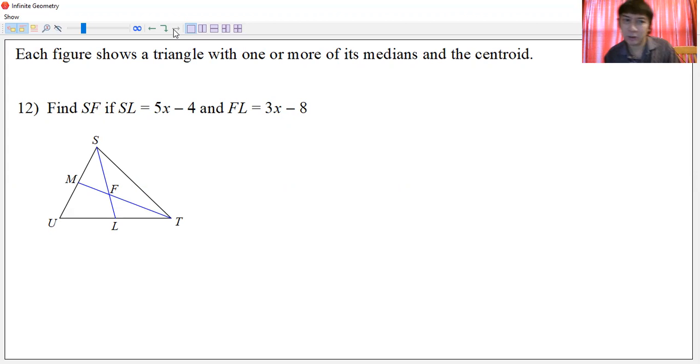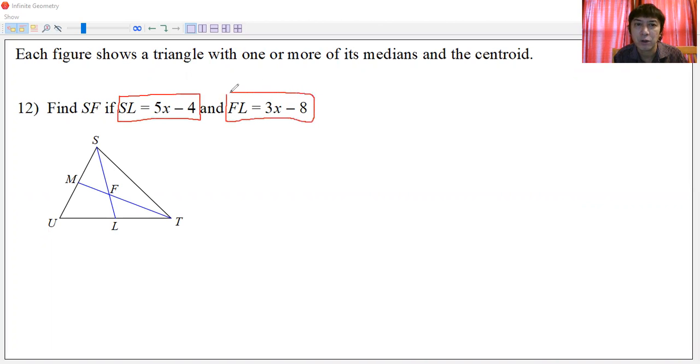What we have on hand is the SL. SL is the entire median, and FL. Those are the given. Find SF, which is the longer of the two segments, but what we have is the SL expression there and the FL there.